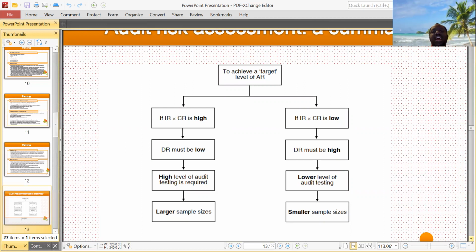To achieve a target level of audit risk, one thing you need to know is that if your inherent risk is high and your control risk is high, then you need a very high level of audit testing. You need to test more because the risk is high, in order for your detection risk to be low.